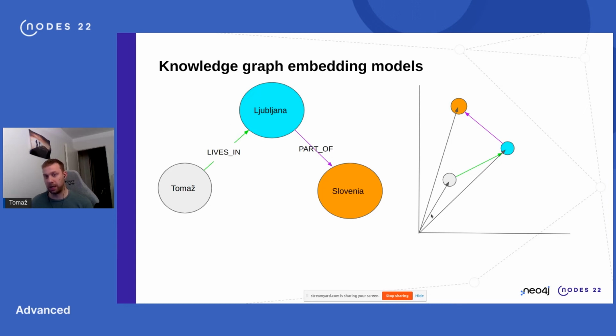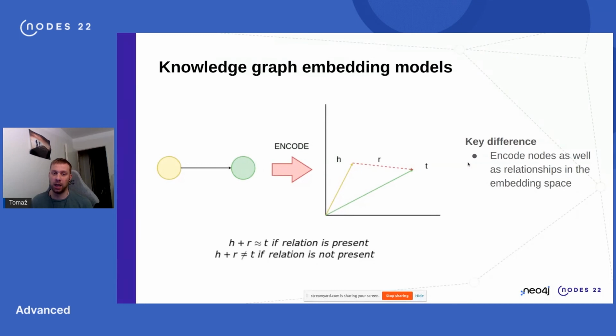In the embedding space, you can see that there's a vector representing each node, but there are also vectors representing each relationship type. And as we said before, if the relationship is present between 2 nodes, then the embedding of the start node, where H is defined as head, plus the embedding of the relationship should be somewhat similar to the embedding of the tail node, or the end node, if the relationship is present.